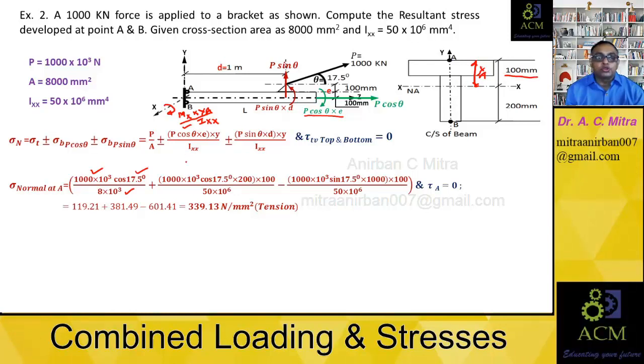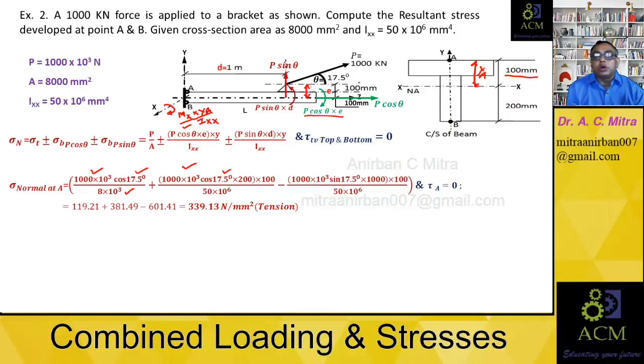So if you put all these values here, P cos theta into E. So P cos theta is equal to 1000 into 10 raised to 3 cos 17.5. E is the distance from the center to the point of application of P cos theta, where I am shifting it from this point to this point.